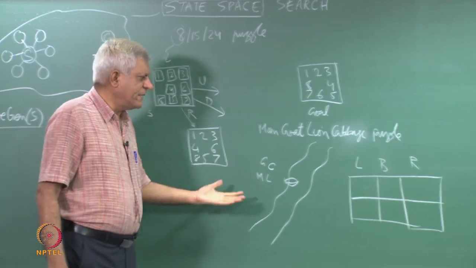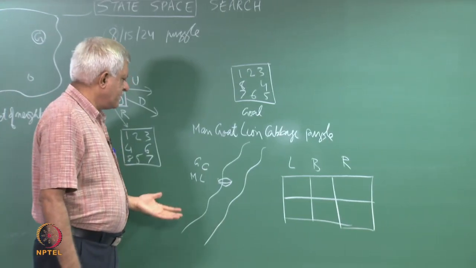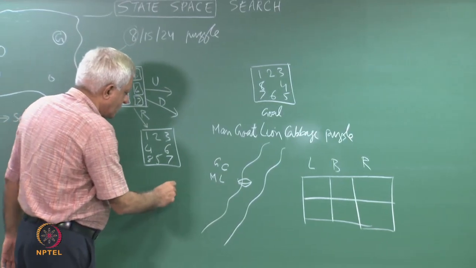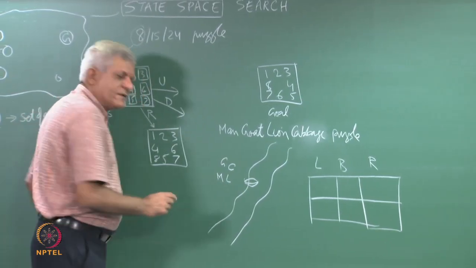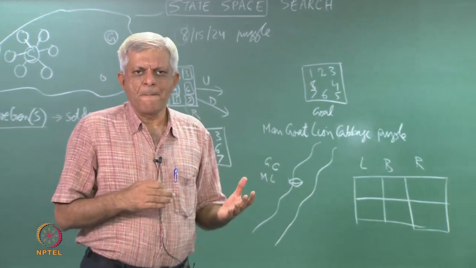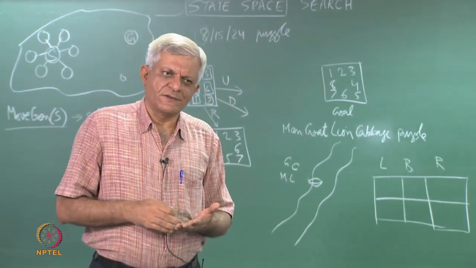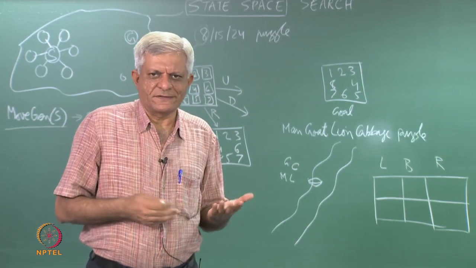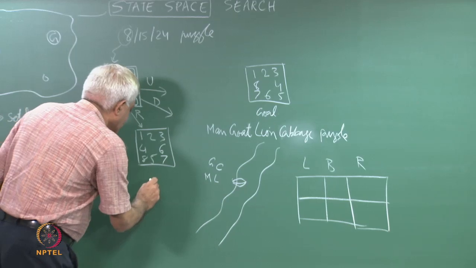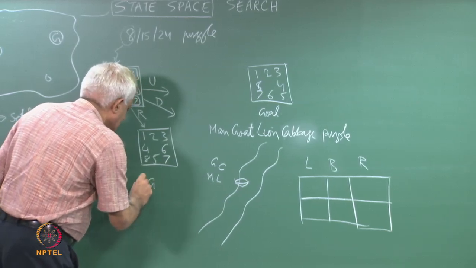So let me make another suggestion, which is that I have a list of 2 lists. The first list contains things which are on the left bank, and the second list contains things which are on the right bank essentially. So I could choose that. If I choose that, then my list would look like this.